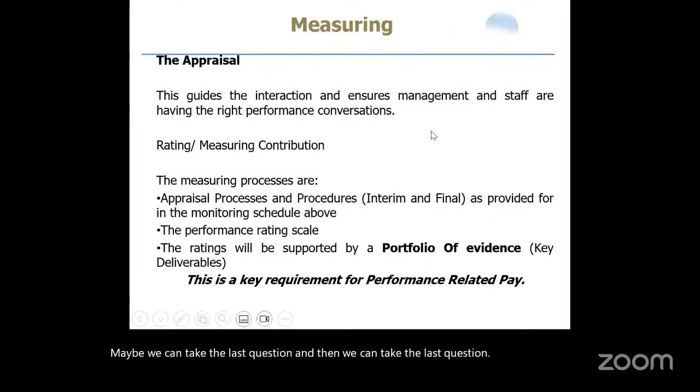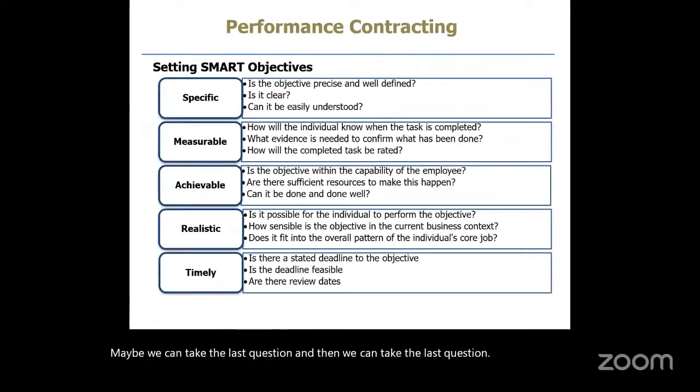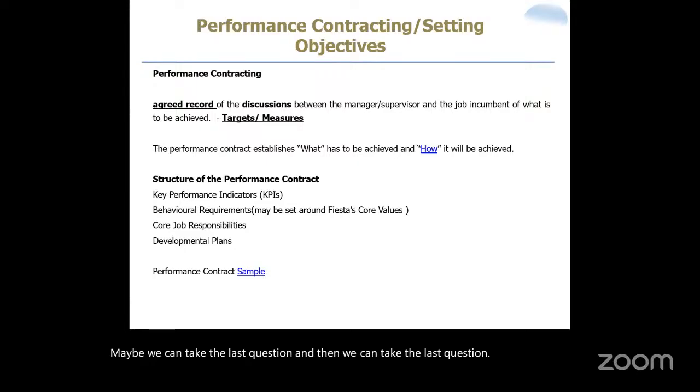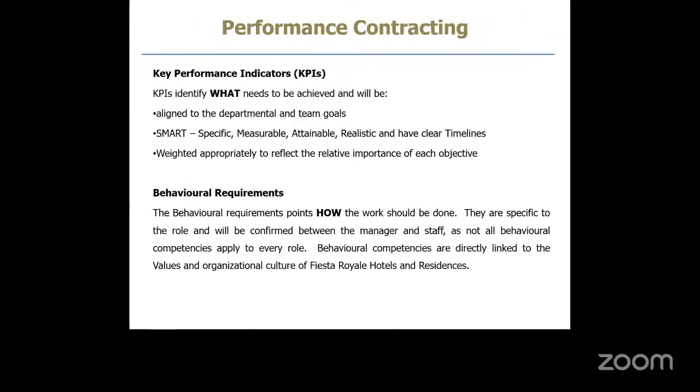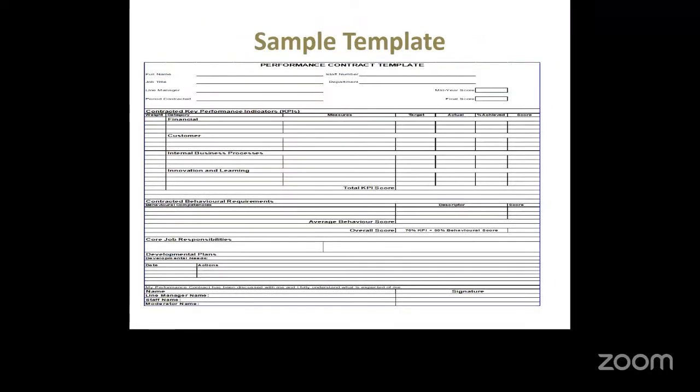Okay, thank you, sir. My question is with the performance appraisal. I want to know about group performance and individual performance. How do they relate as far as the organizational structure for their performance appraisals?